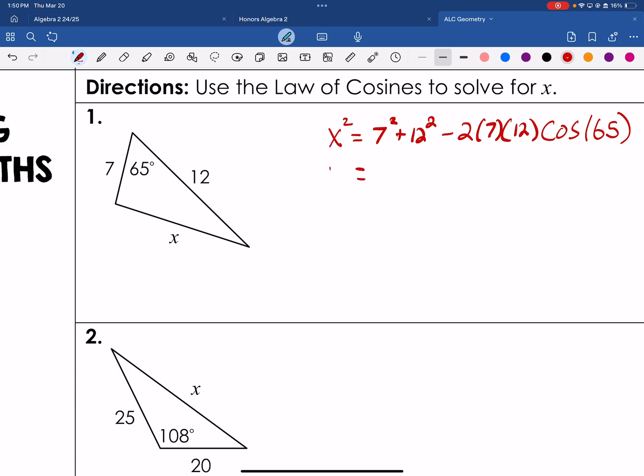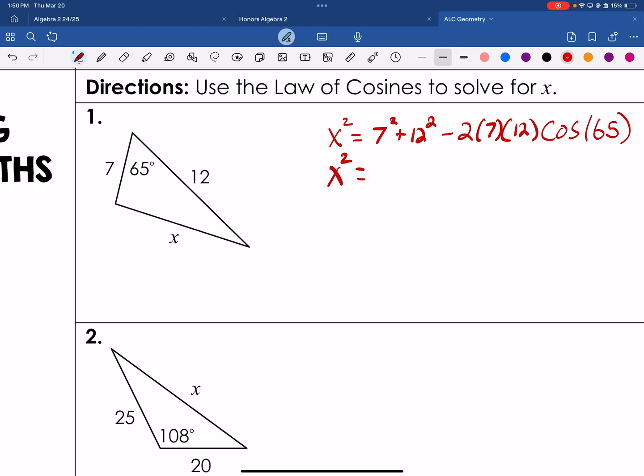So now you need a calculator to do these. If you need a calculator, you need to come over here and grab one. In the calculator, my suggestion to you is to type it in exactly like that. Hit 7, hit the squared key, plus 12, hit the squared key.